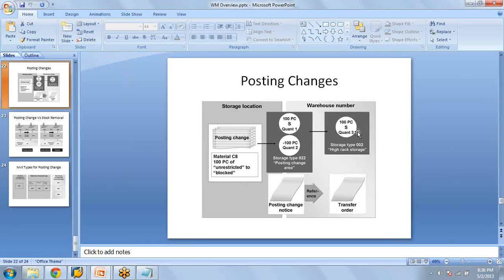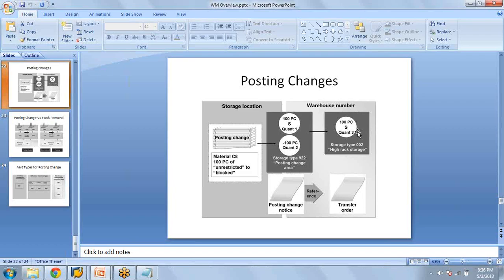If I say it like this, a posting change is created in place of a transfer requirement only when there is a transfer posting. QI to blocked, blocked to QI, or even material transformation, movement type 309. That's also a transfer posting. Yes, exactly.